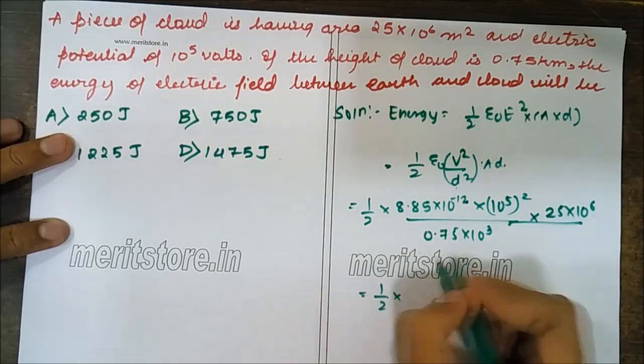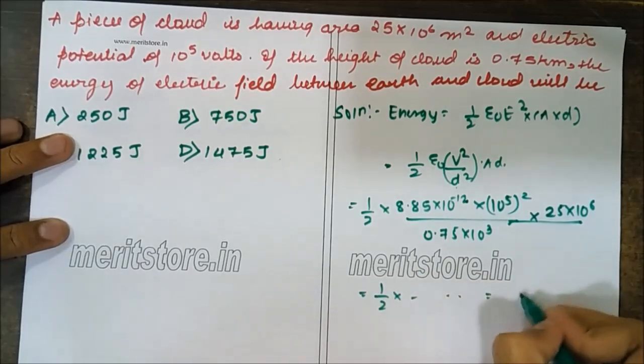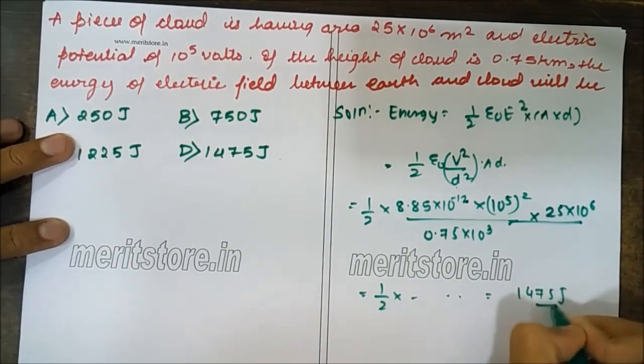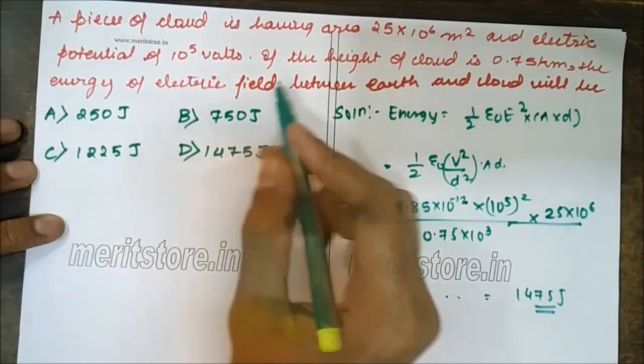Half multiplied by all this gives a value of 1475 joules, which is the energy. So the correct option is D, 1475 joules.